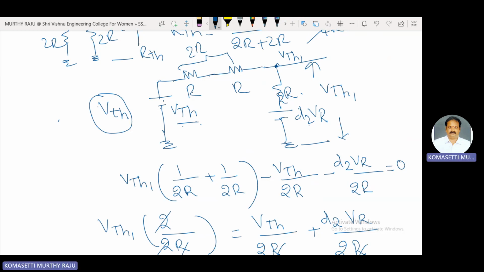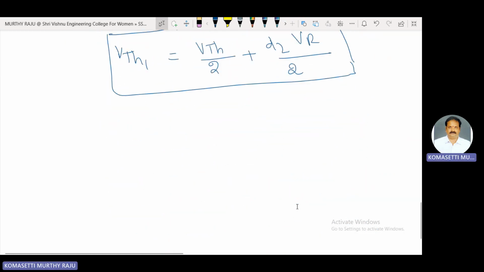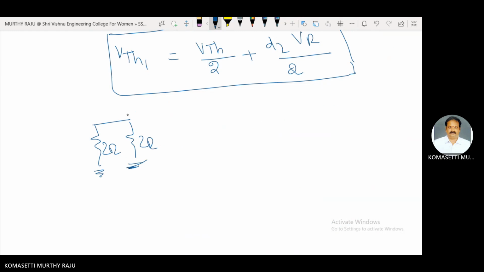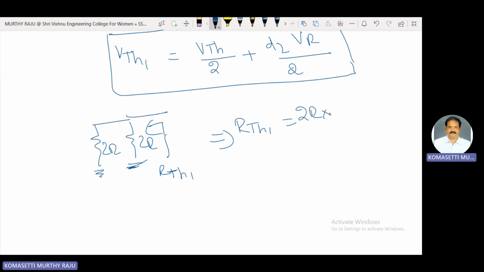This is also 2R. 2R connected in parallel with 2R, therefore RTH1 is equal to 2R into 2R by 2R plus 2R, that is 4R, that is R.